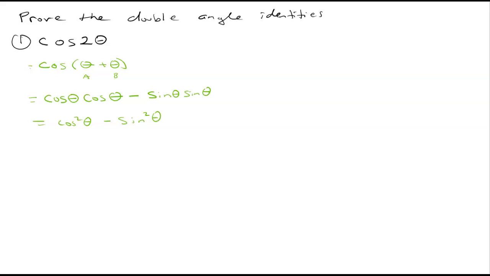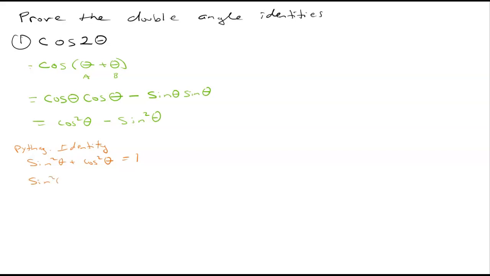So that's how we prove our first cosine. If I want to prove the other ones, so we had 2 other ones, I'm going to use my Pythagorean identity, which told me that sine squared of theta plus cosine squared of theta was equal to 1. Notice that these both have either a cosine or a sine that are both squared. So I'm going to replace one of these.